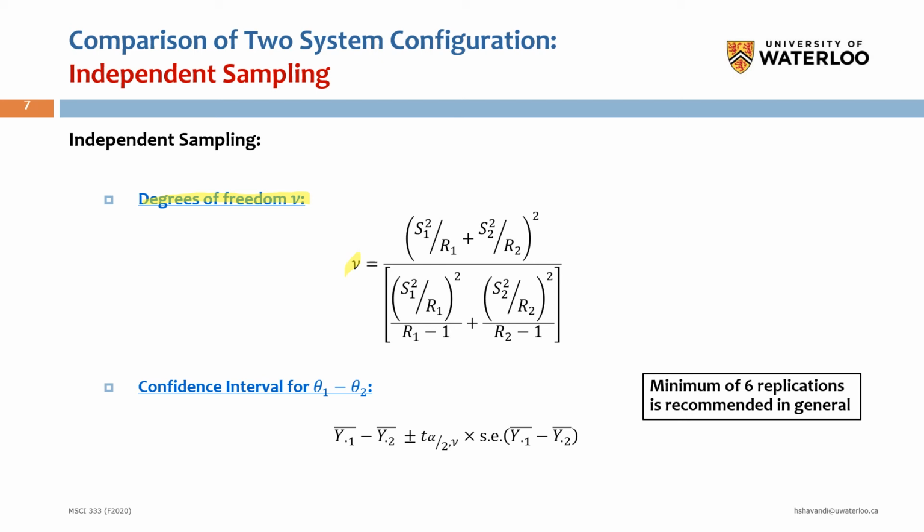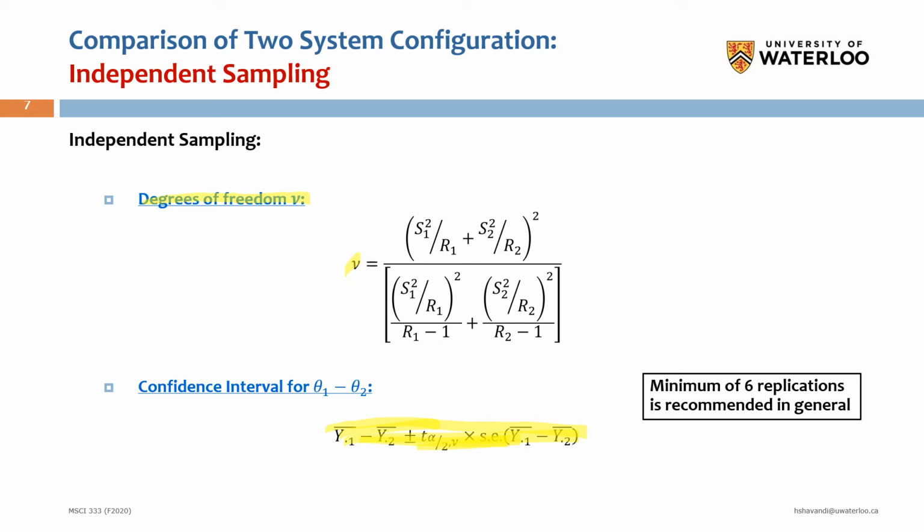We just calculate the degrees of freedom, the standard error of y bar 1 minus y bar 2, and also the point estimators y bar 1 and y bar 2. Then, by having these values and obtaining the t half alpha and nu, we can construct a confidence interval for theta 1 minus theta 2 with a 1 minus alpha confidence level.